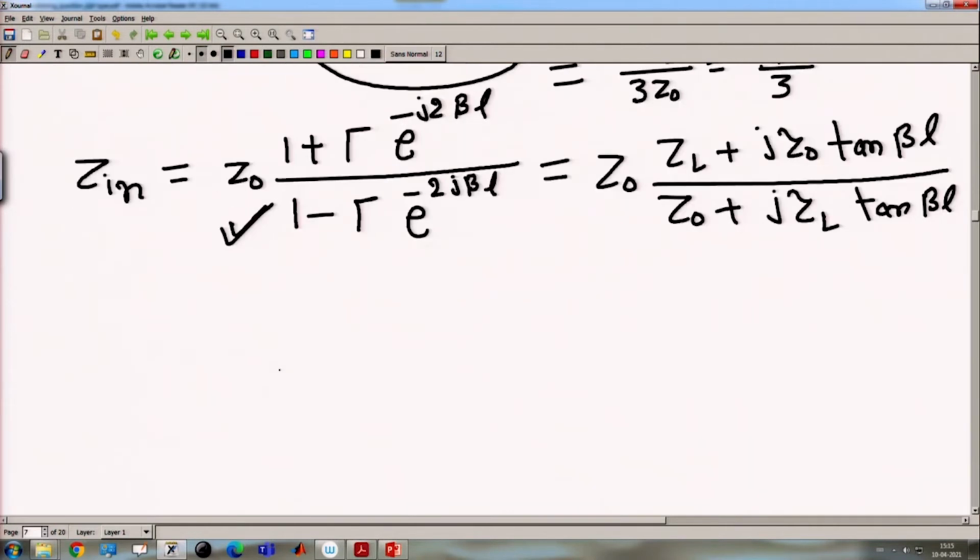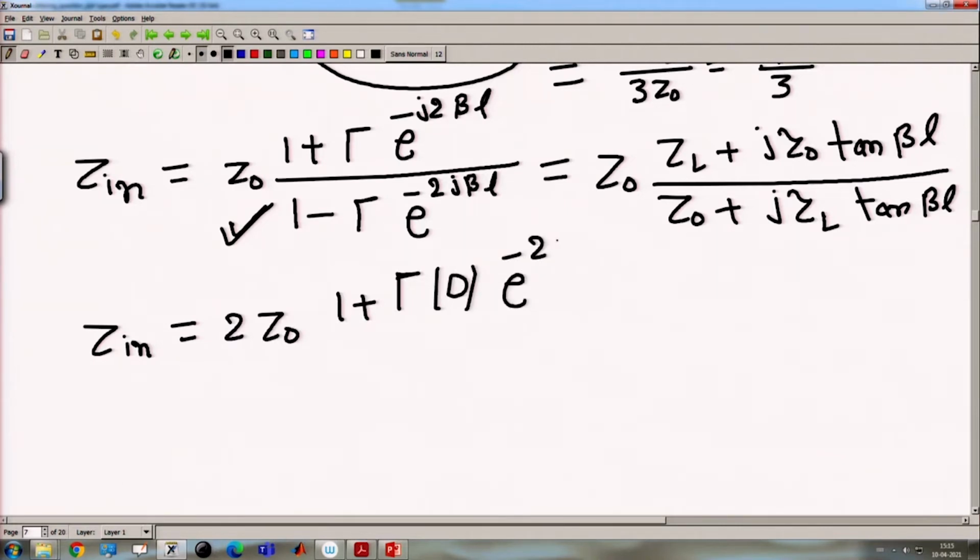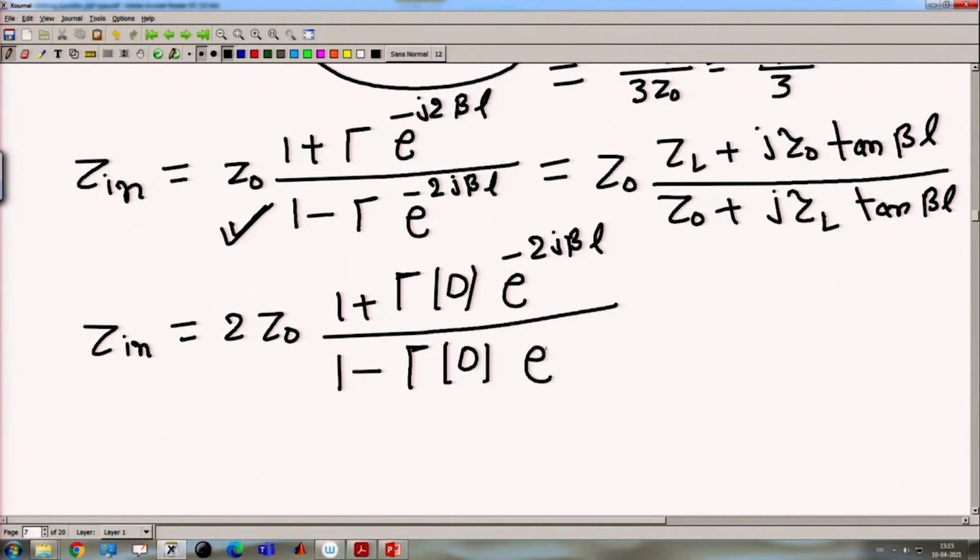So we can go through this formula, and Z in equals Z naught, which in our case is 2 Z naught. So we can write 2 Z naught times 1 plus gamma 0 e to the power minus 2 j beta L divided by 1 minus gamma 0 e to the power minus 2 j beta L. Here gamma is gamma 0 and Z naught is 2 Z naught, the characteristic impedance of the transmission line.